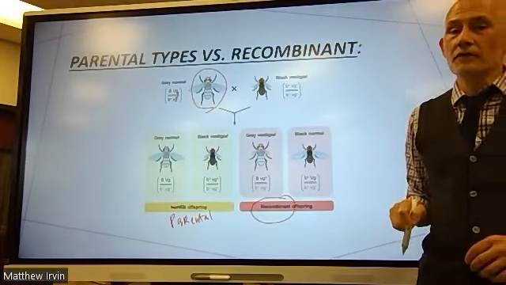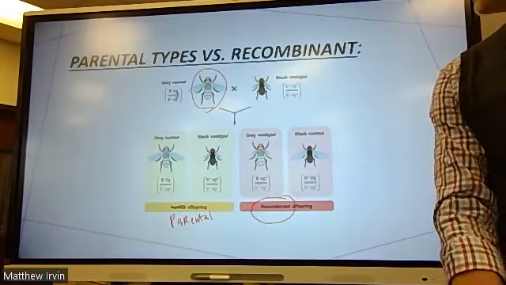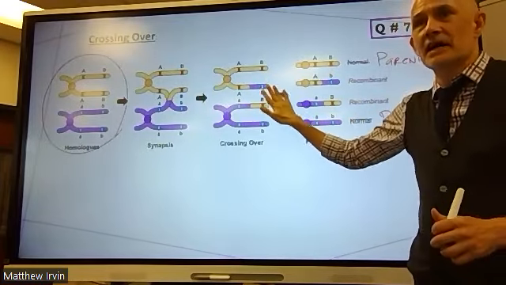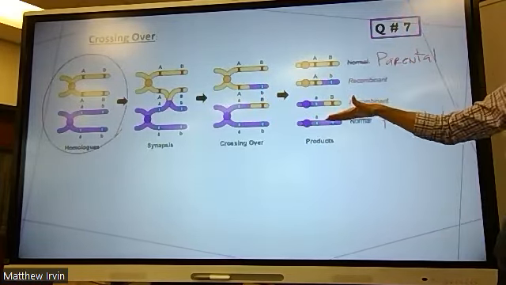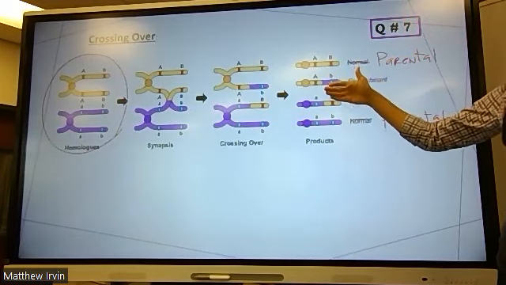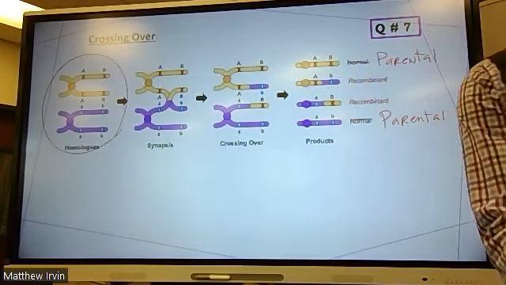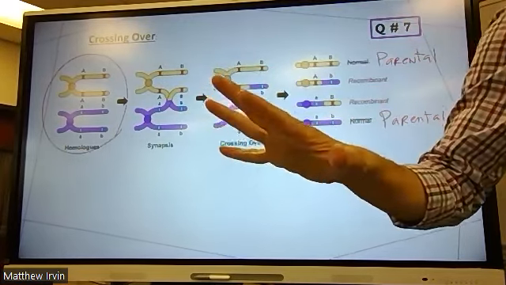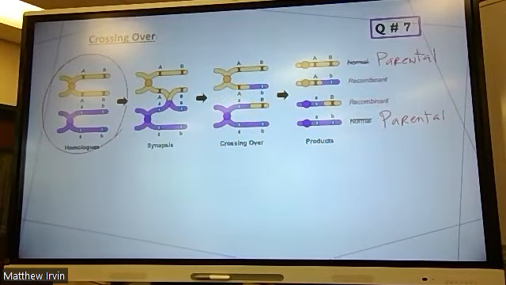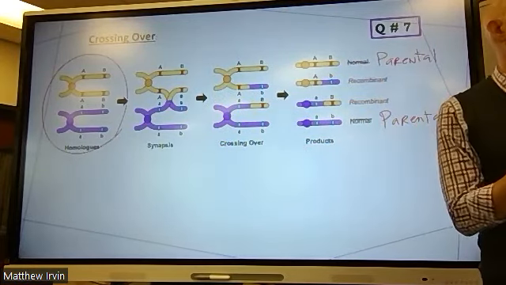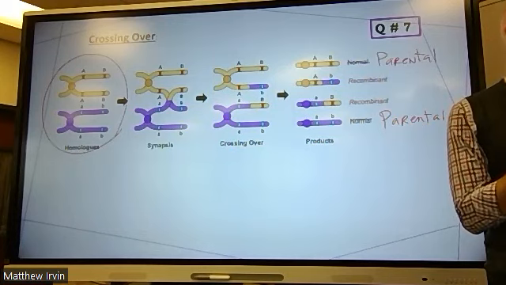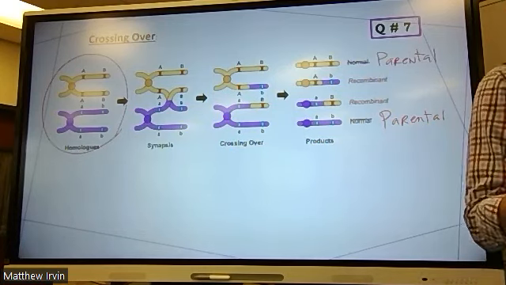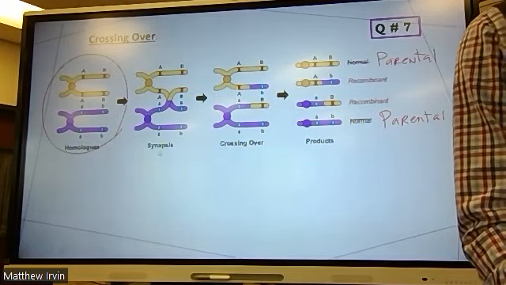But if you have crossing over, since crossing over only happens some of the time, you'll get a higher percentage of your parentals and a lower percentage of your recombinants. Why? So independent assortment is even random distribution, but crossing over only happens a smaller fraction of the time because it just does. And so that'll affect the distribution of your offspring.